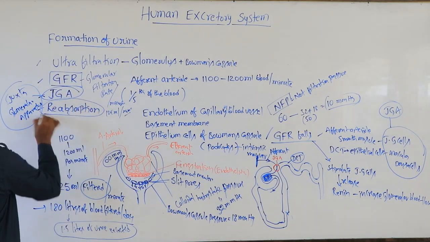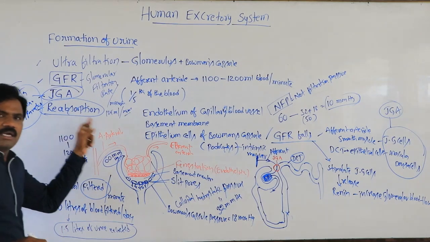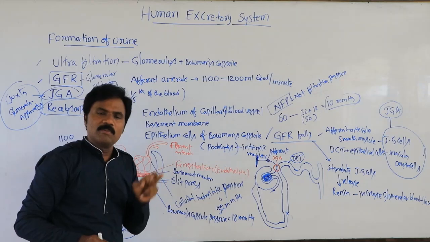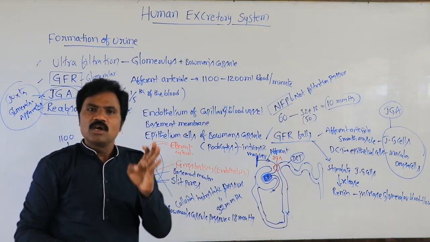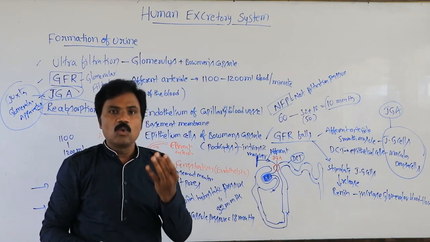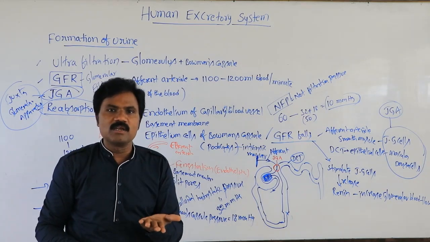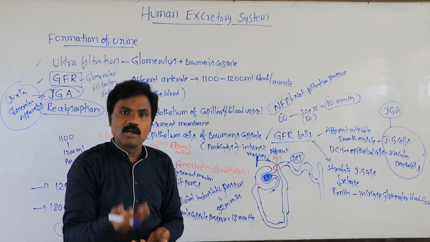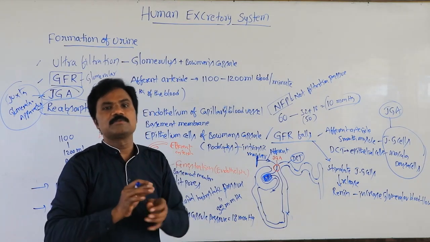Then how does reabsorption take place? Here, maximum reabsorption takes place. What type of material is reabsorbed? Nutrients in the form of glucose and amino acids, and electrolytes like sodium, calcium, potassium, magnesium and bicarbonate are all reabsorbed.